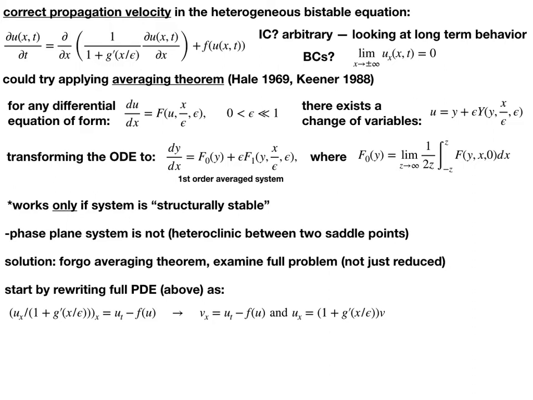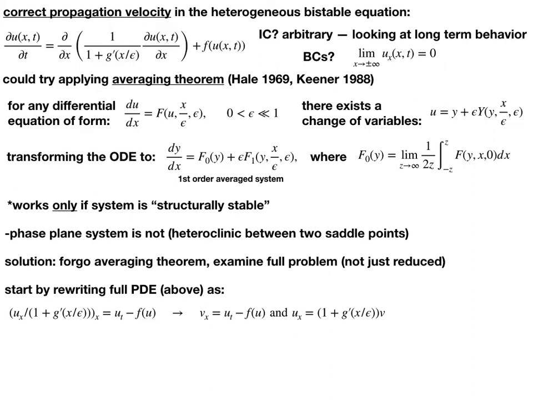But let's express a new variable v in terms of u sub x. V times 1 plus g prime of x over epsilon equals u sub x.